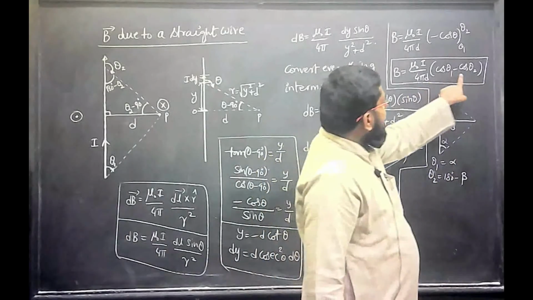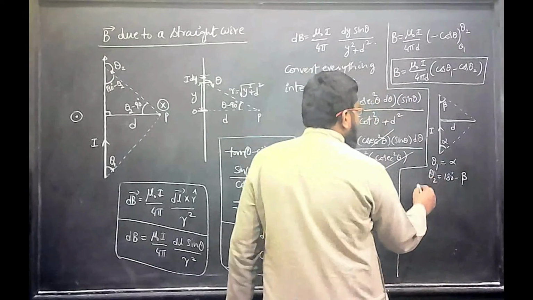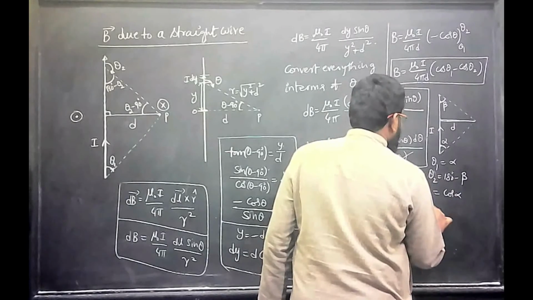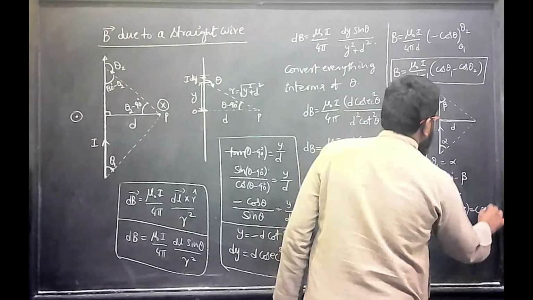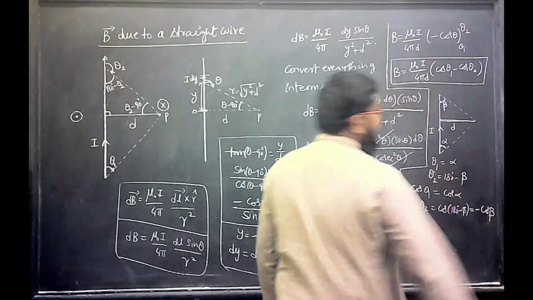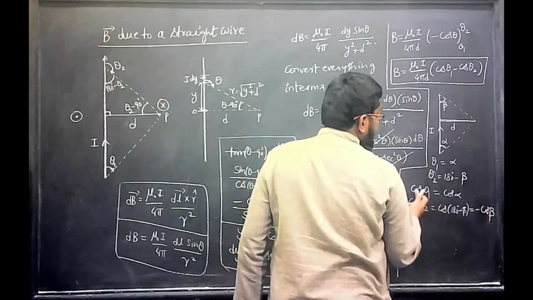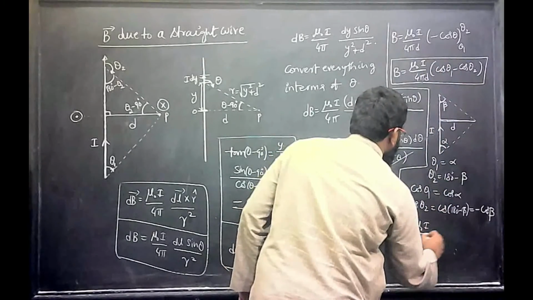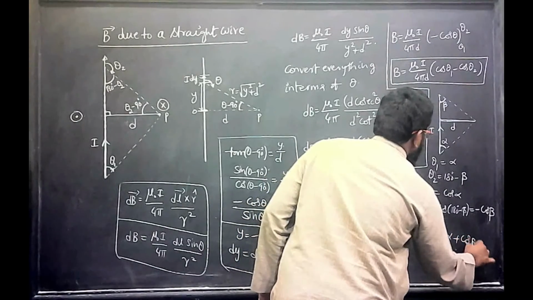So cos of theta 1 is cos alpha, and cos of theta 2 is cos of 180 minus beta, which is minus cos beta. When I substitute, in place of cos theta 2 it is minus cos beta, and in place of cos theta 1 it is cos alpha. Then B will be mu naught I by 4 pi d, cos alpha plus cos beta.